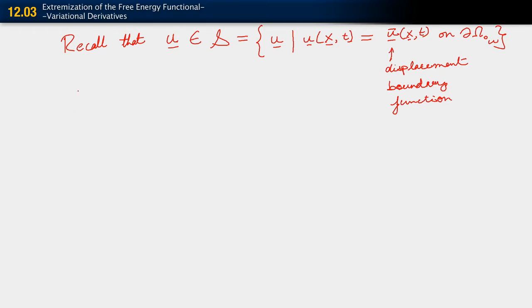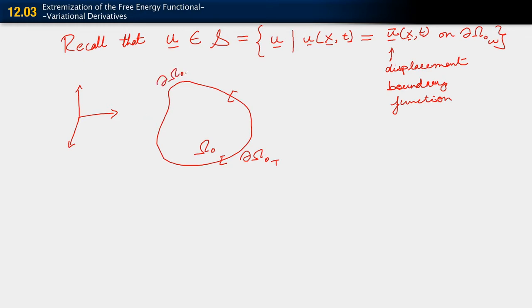This is something that we've alluded to in the past. We've talked about the fact that if this is the body in the reference configuration, we have our traction boundary, of which we've said many things. We've talked about how the complement of the traction boundary is the displacement boundary, how on this boundary we have u equals u bar. So that's what we're doing here.